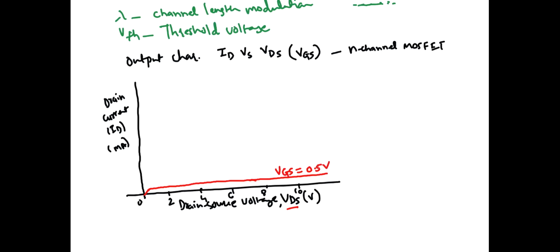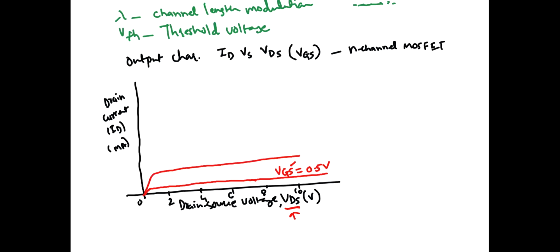Now next, again, you increase the VGS, let's say from 0.5 volt to 1 volt. So naturally, when you then increase the VDS, your current also increases. But the current is increasing mainly due to increasing the VGS. If you increase the VDS, then afterwards, your current is saturated.